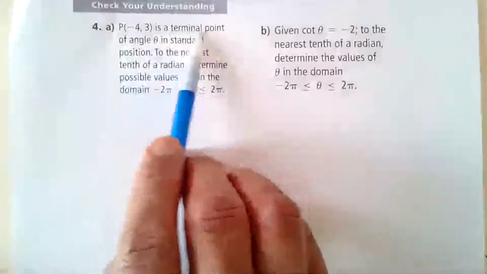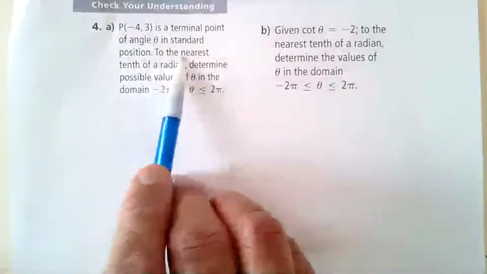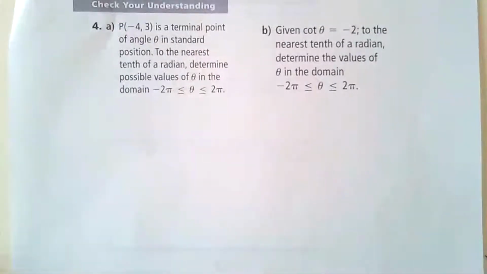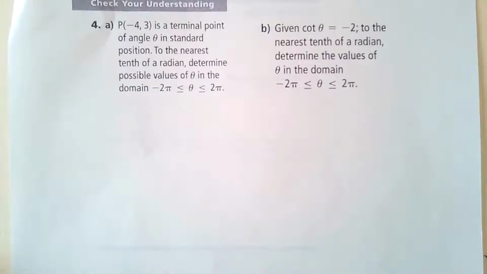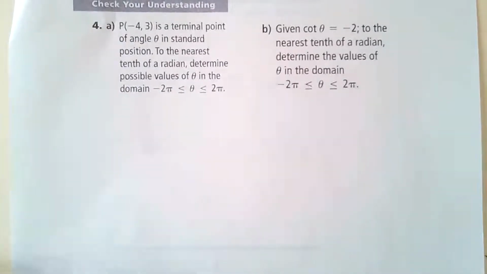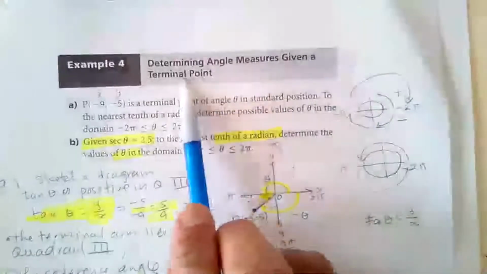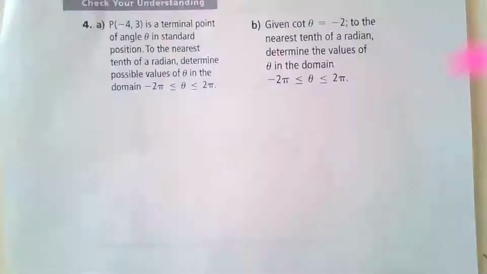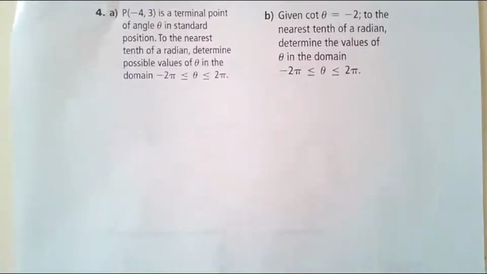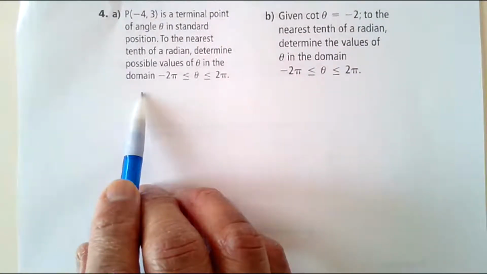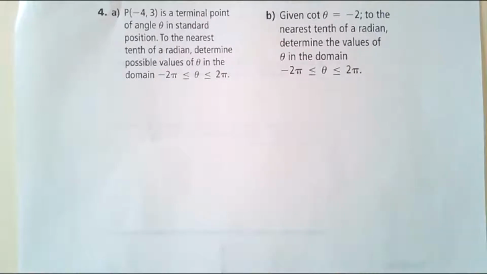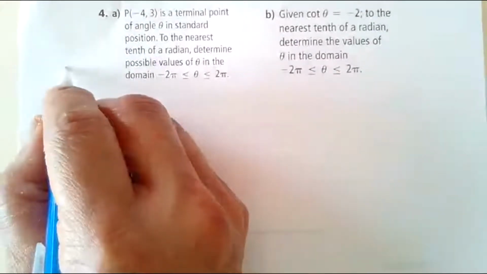Given a terminal point of angle theta in standard position, to the nearest tenth of a radian, determine the possible values of theta in the domain negative 2 pi to 2 pi. So here we're given the terminal point again. The first thing you want to do is a sketch.